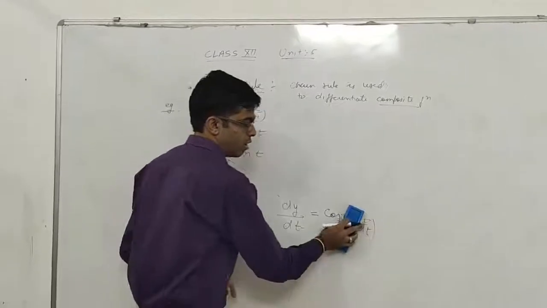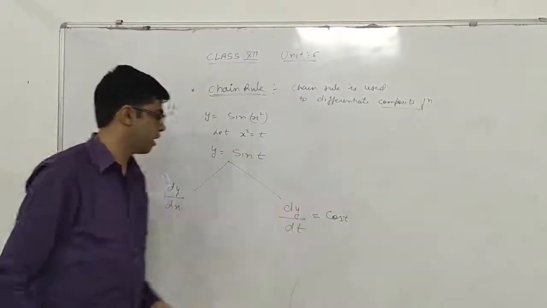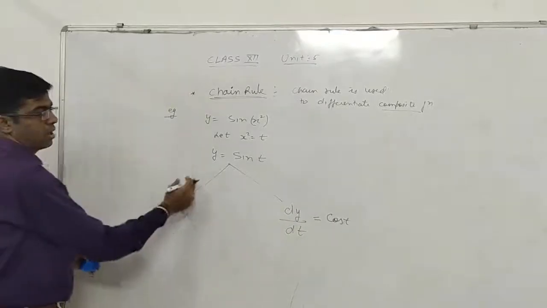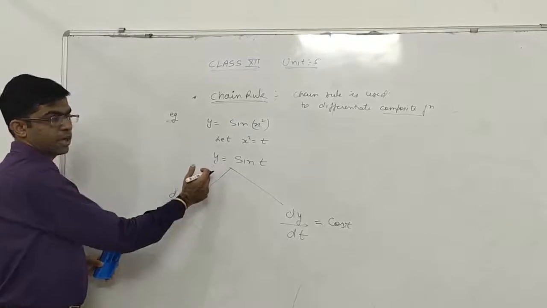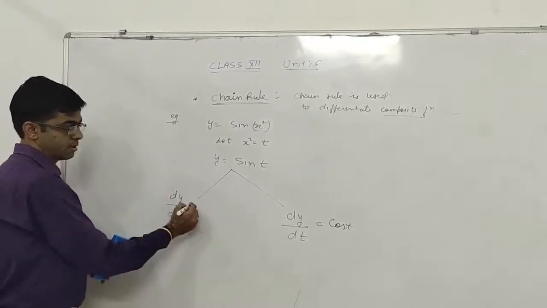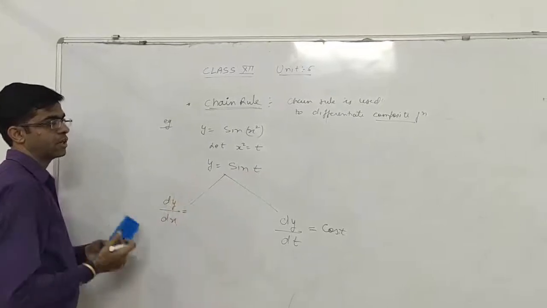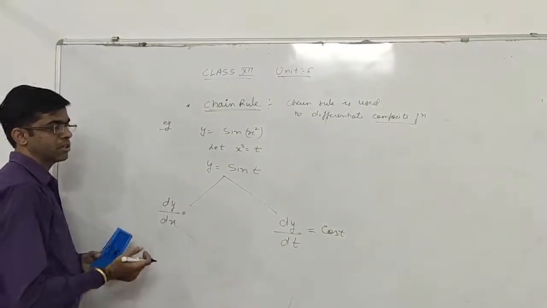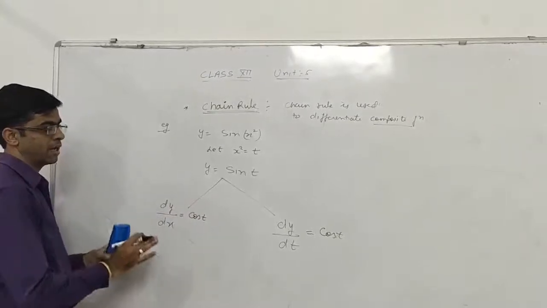So we can write simply that this is cos t. Now the other way is we have to differentiate with respect to x. So how we can do? Firstly sin का differentiation. What is the differentiation of sin? That is cos. Sin t का differentiation cos t.